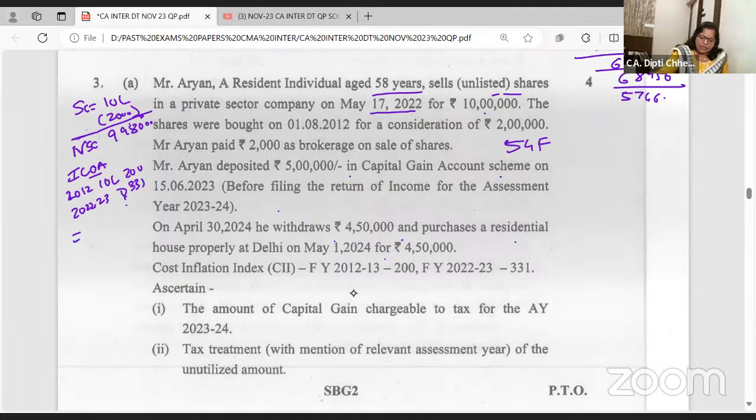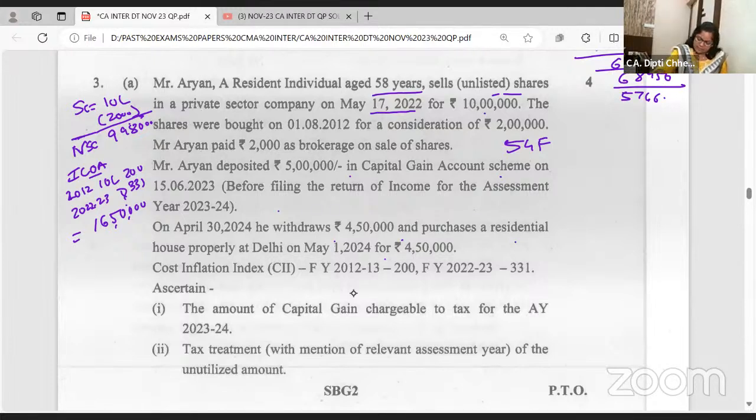So 10 lakh into 331 divided by 200. So it is 16 lakh 50,000.